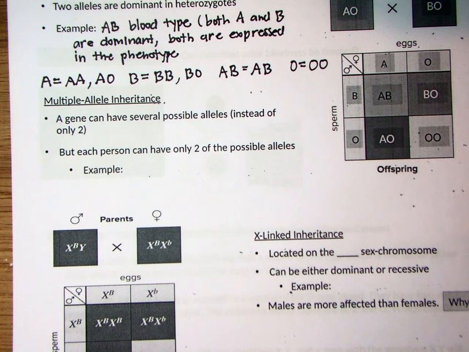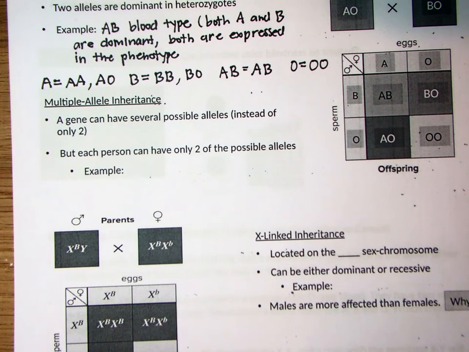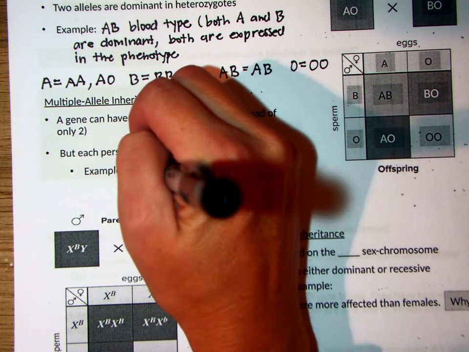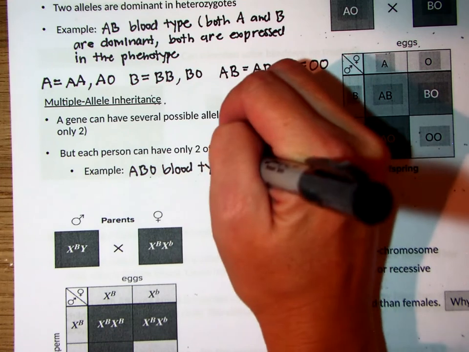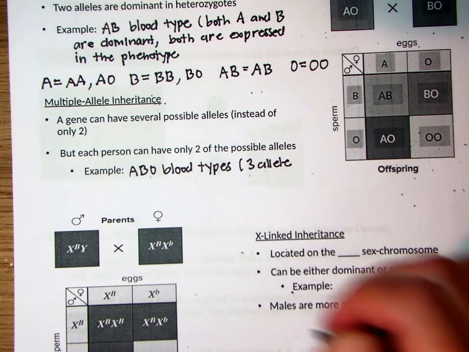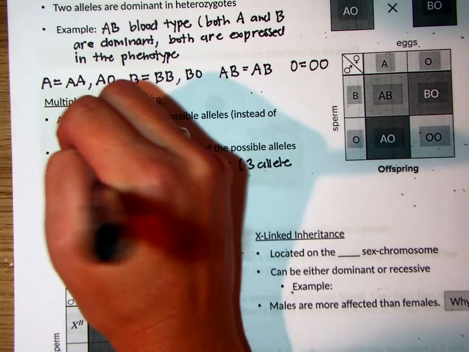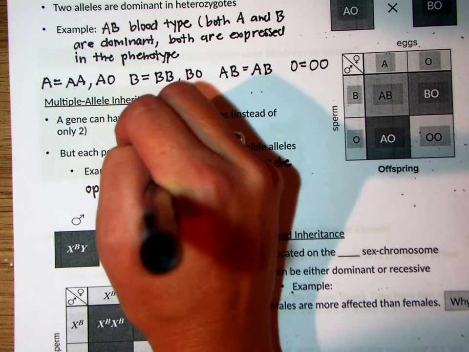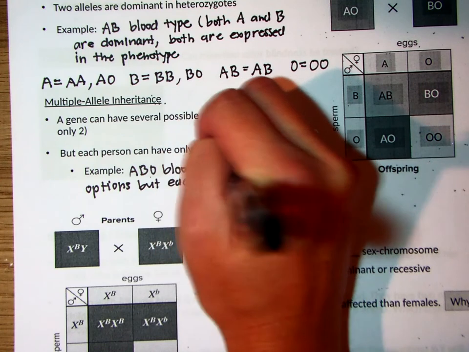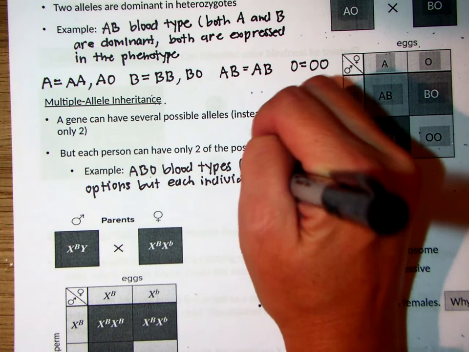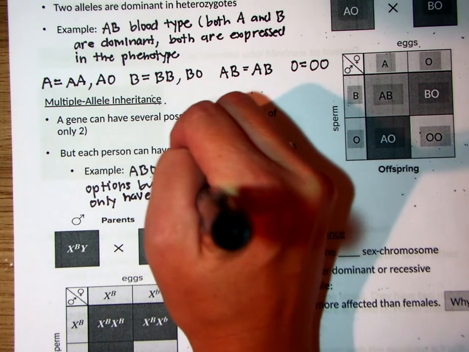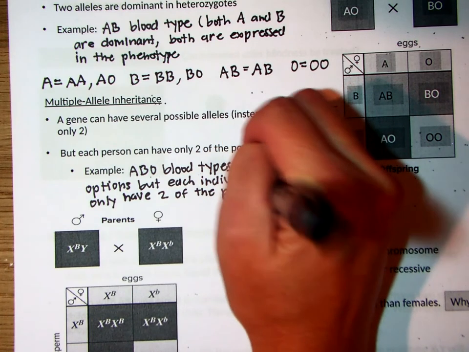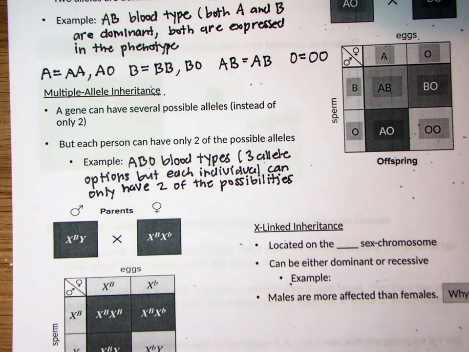An example again is ABO blood types: 3 allele options, but you can only inherit 2.